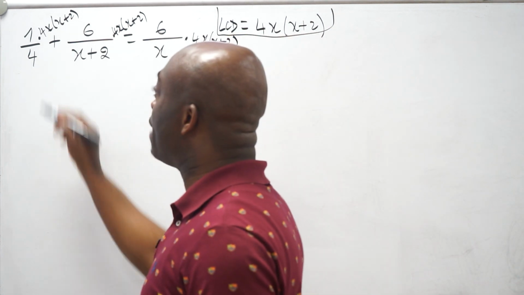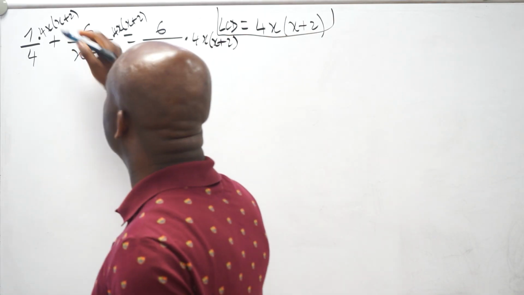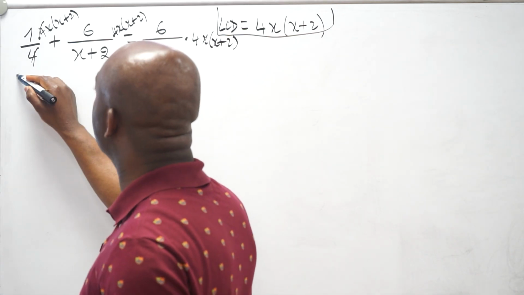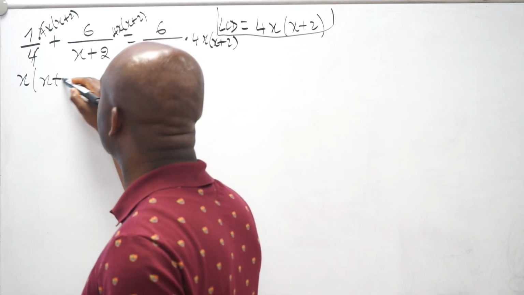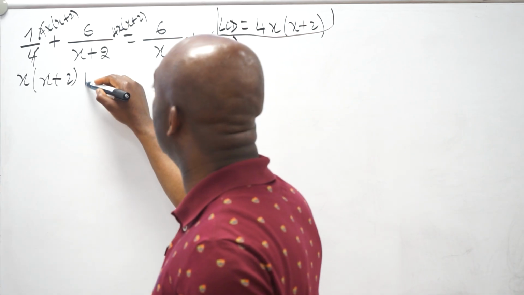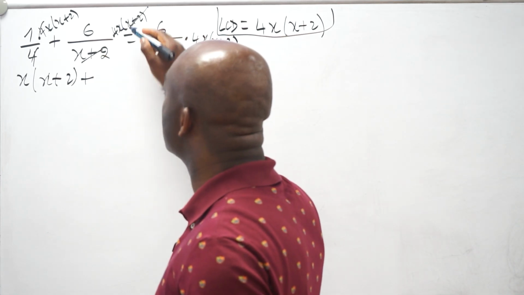So what does that mean? For each of them, we're going to simplify the expressions. The 4 can cross out. You end up with x times x plus 2. Then plus, here, what can we simplify? The x plus 2 crosses out.